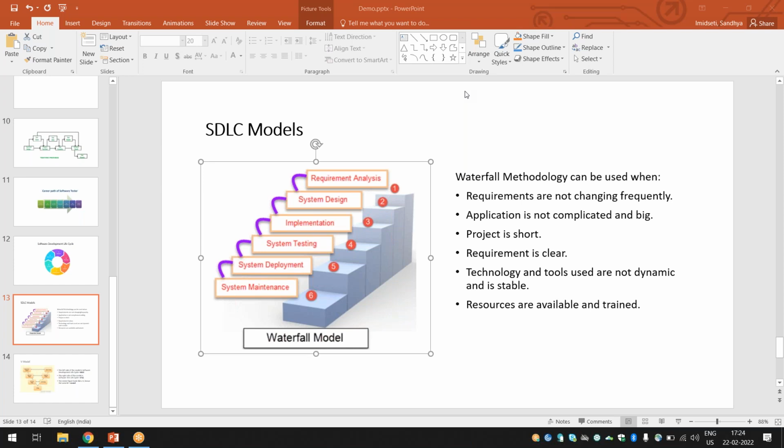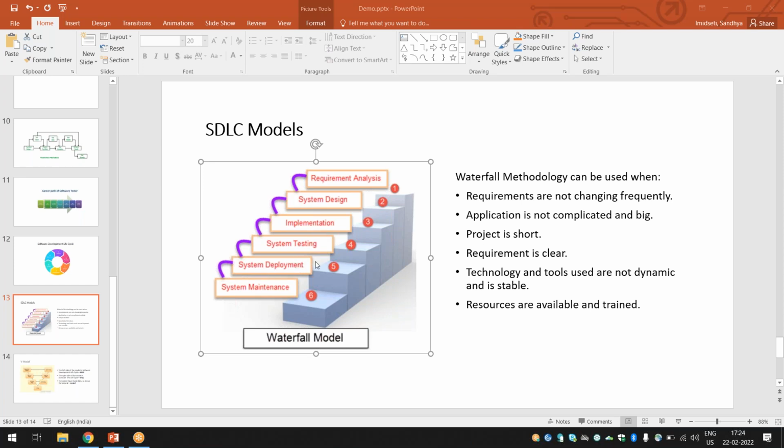So this is the waterfall model. Just to recap, this model is suitable for small projects where the requirements are very clear. In this model, all SDLC activities, the software development lifecycle activities, will be carried out one after the other for the entire project.